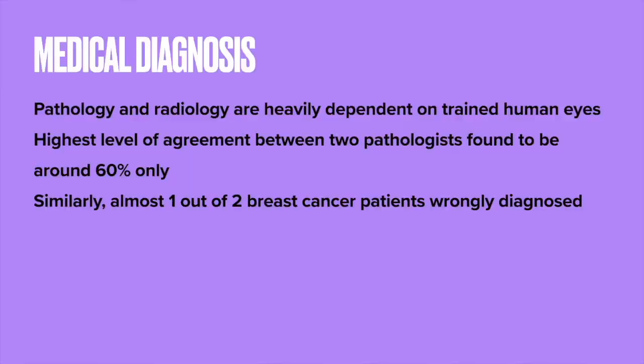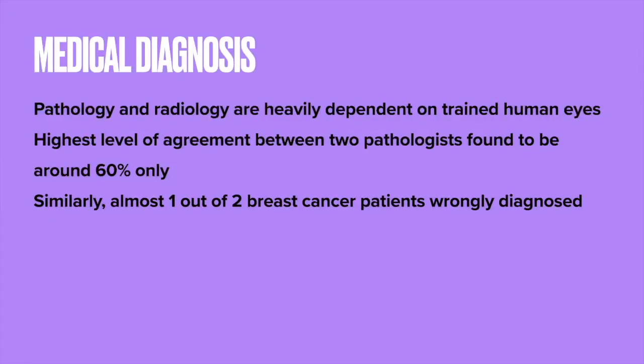But once we have trained machines to do this, there has been an agreement of more than 90%, and diagnosis of issues like breast cancer has gone up to almost 75 to 80%. So machines are already beating doctors at their own game, and this is one field where the future of AI is really bright, and we should just wait and watch what happens further.